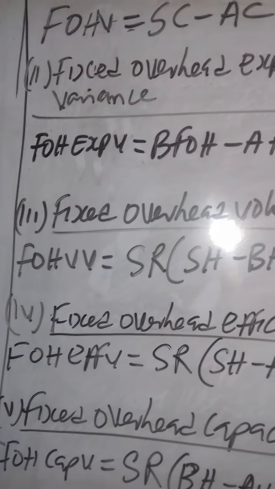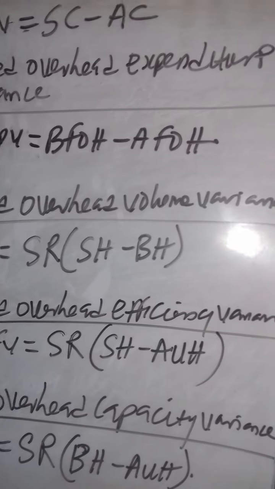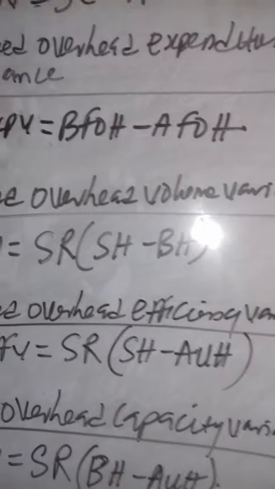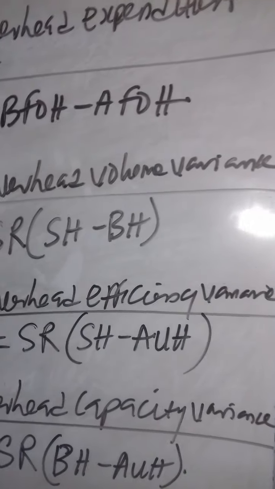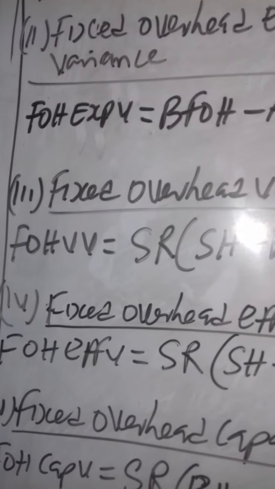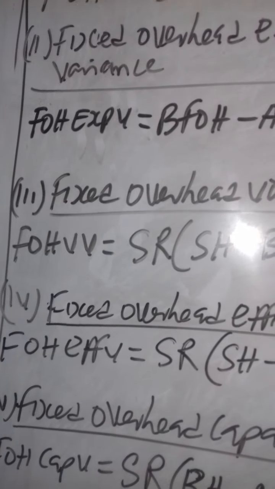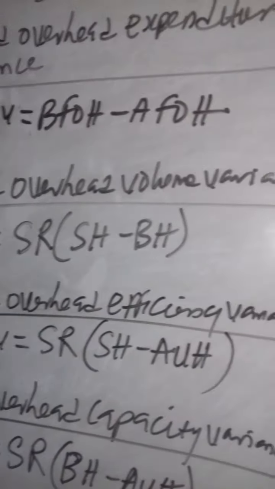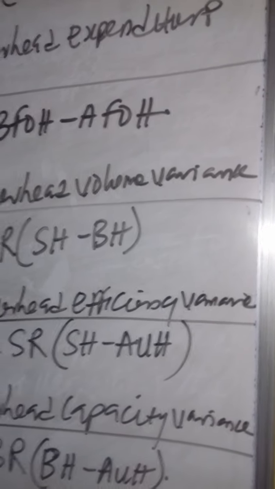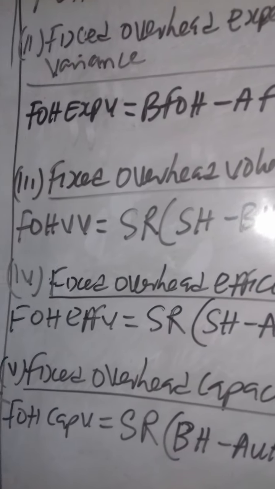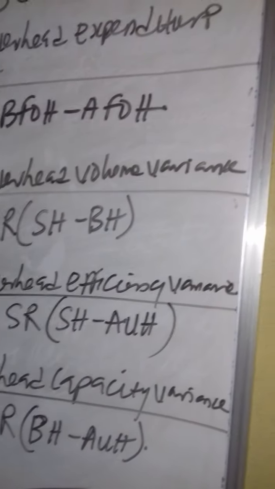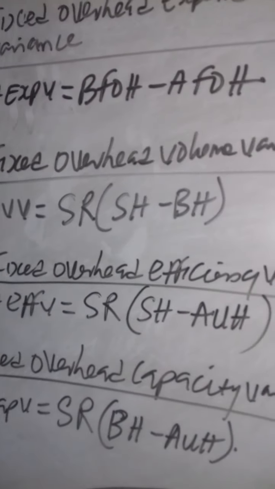The first is fixed overhead expenditure variance, which is budgeted fixed overhead minus actual fixed overhead. Remember, fixed overhead is constant for the period, except otherwise stated. Fixed overhead is not expected to move in the short period, except in the long period.